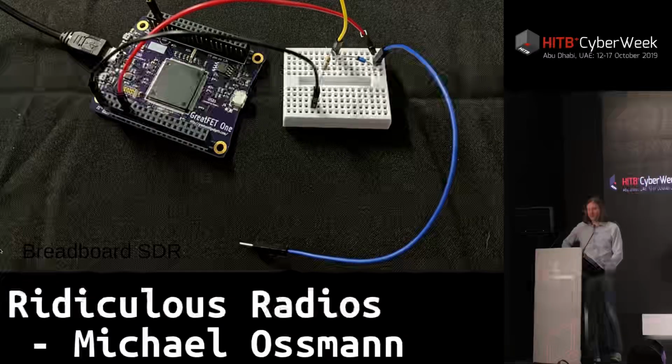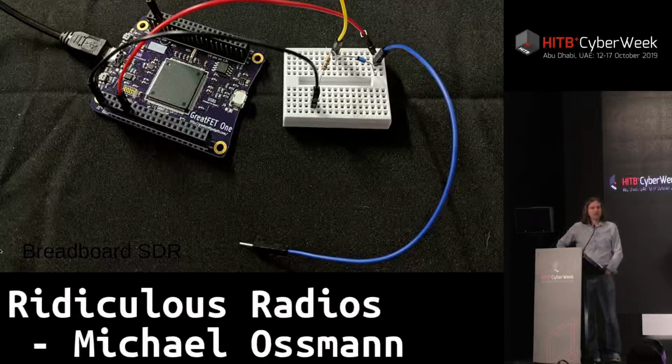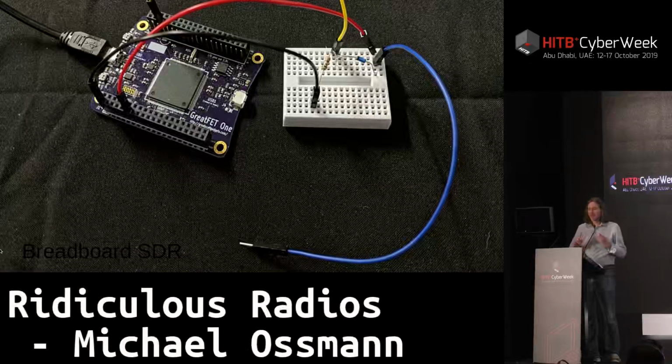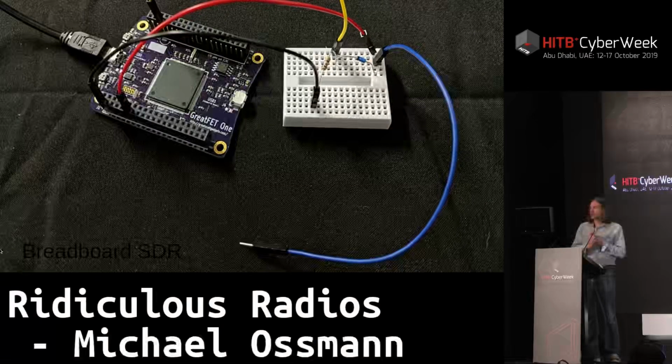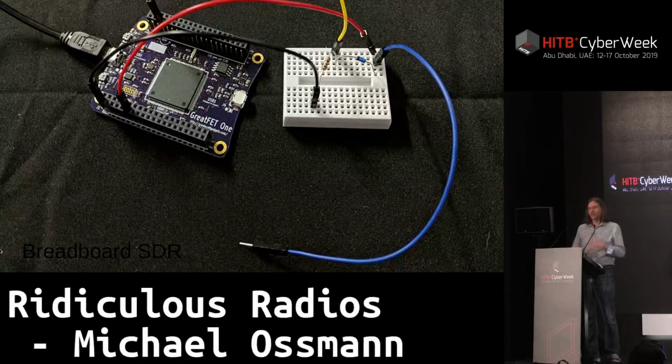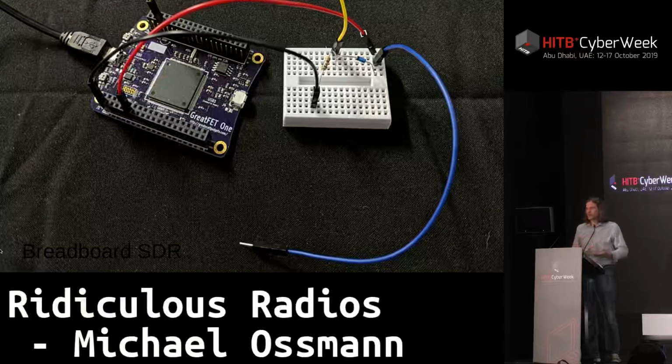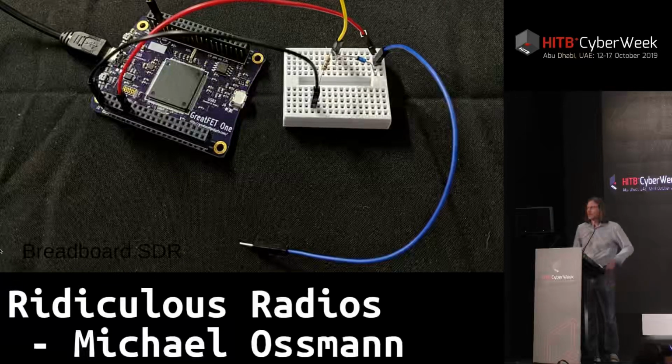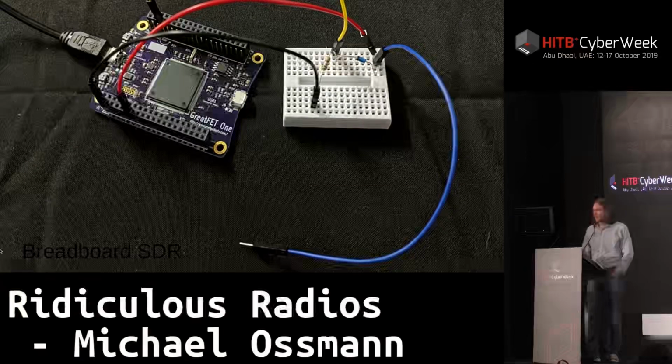And the only 2 features that I'm using of this microcontroller in this circuit are the USB interface and an analog to digital converter. The analog to digital converter is sampling the radio signal, and then those samples or those measurements get streamed over the USB connection to a host computer where I can interpret that information.